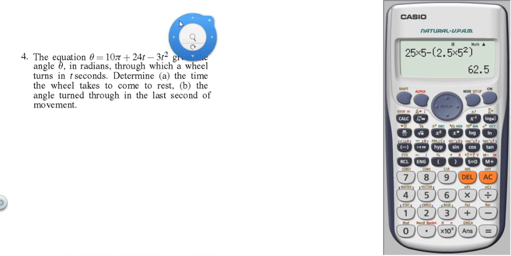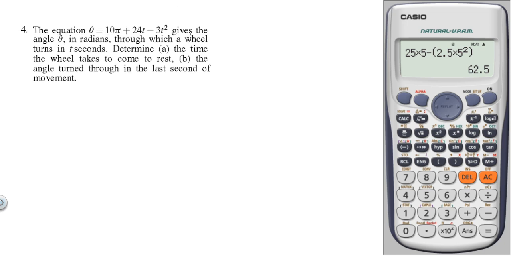Okay, ano naman ito? The equation theta is 10 pi plus 24t minus 3t squared gives the angle theta in radians through which a wheel turns in t seconds. Determine A, the time the wheel takes to come to rest, and B, the angle turned through in the last second of movement. Uy, sige.